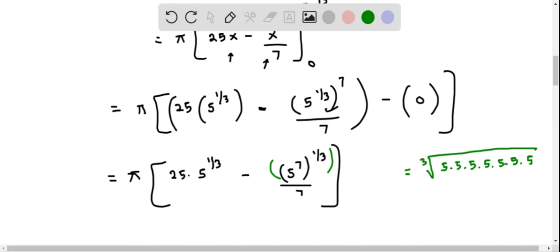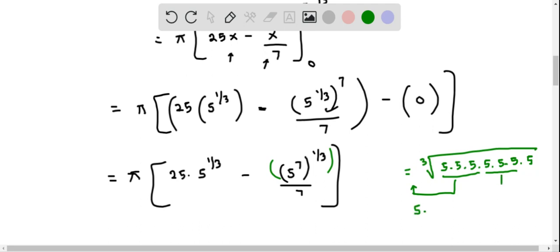And when we find the cube root, we take the numbers which are in triple. So we should find a product of three same numbers. And if we do so, we take one 5 out of this cube root, so it will be 5.